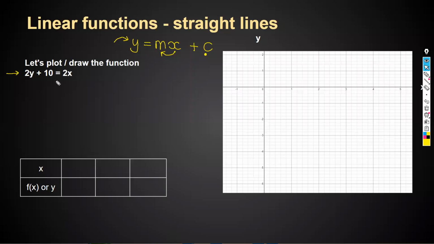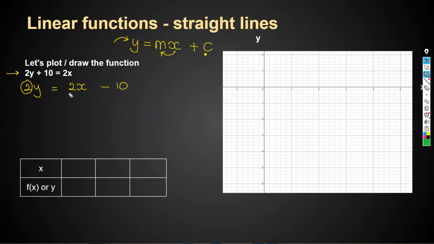Let me see. To make y the subject, I think we have to throw across the positive 10 first. So you throw across positive 10, you get minus 10. And then this 2. Now, the problem is you can't squish the 2x and the 10 together because one has an x and one doesn't. So this 2, which is a multiply, when you throw him across, you will get a divide.